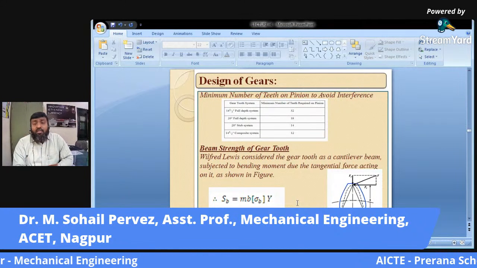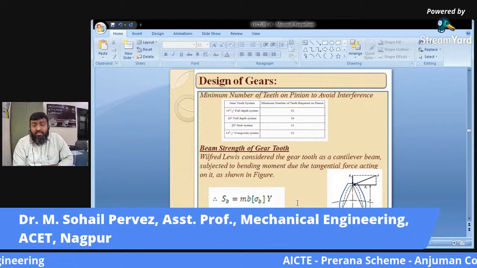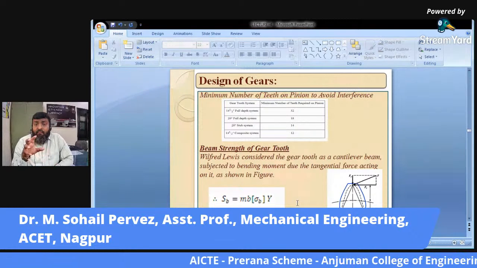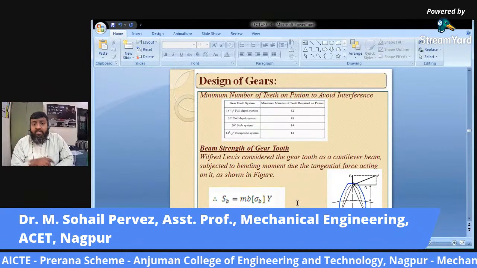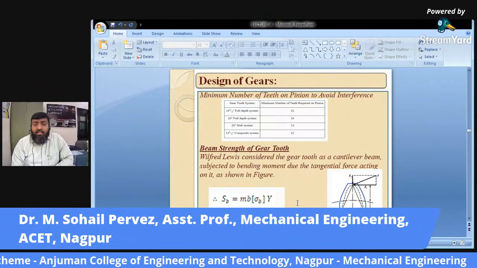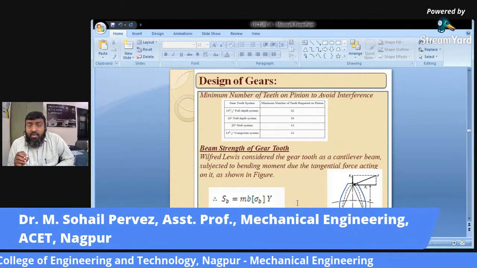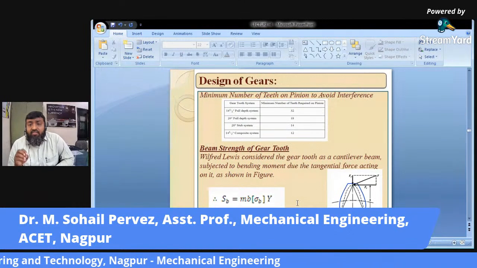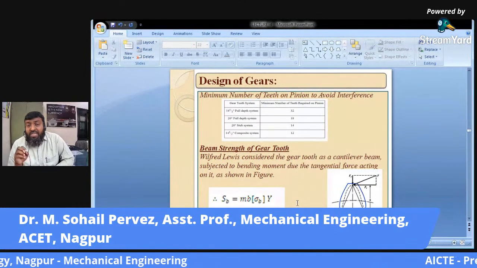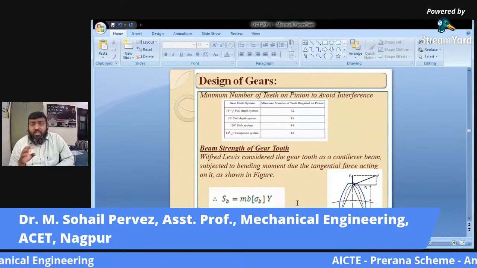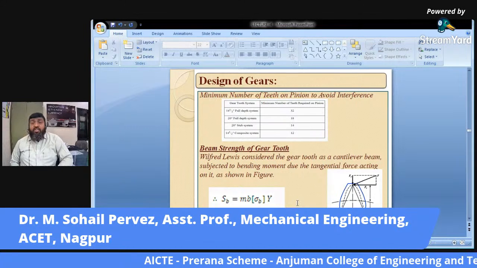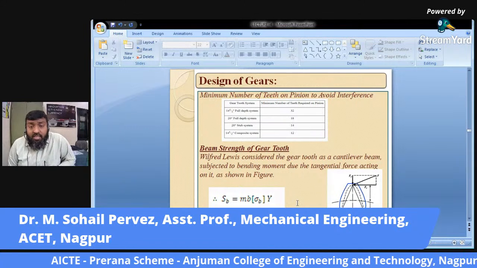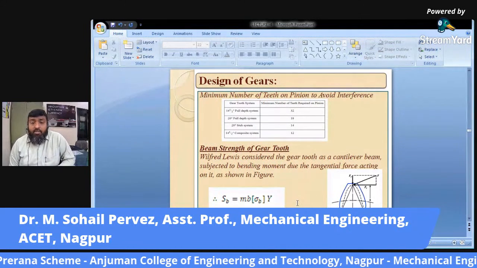Now, when these profiles are cut on the circular gear blank, the value of phi, the pressure angle, plays a vital role. The pressure angle may be 14.5 degree or 20 degree, either full depth or stub.